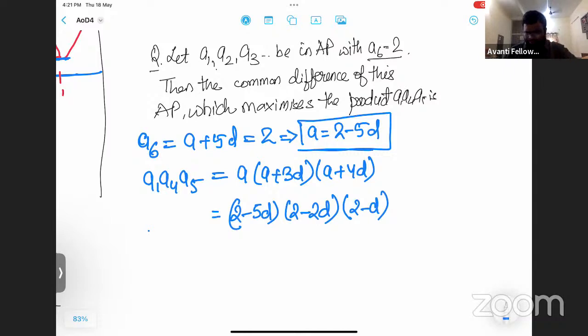Now either you can go for the extended product rule to differentiate, or you can differentiate by opening the brackets. I'll go with the extended product rule.